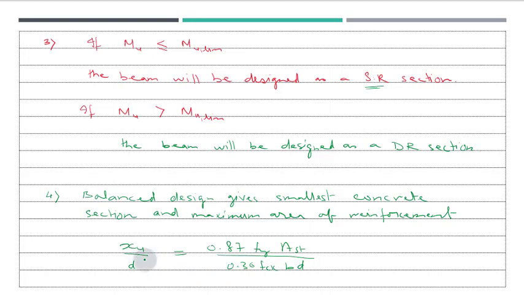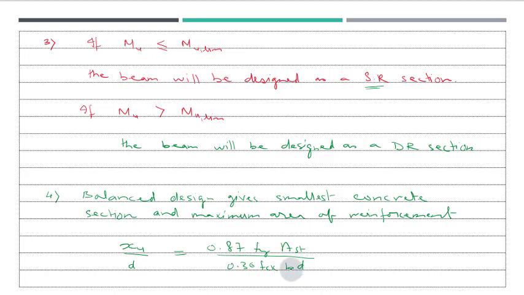When Xu by d is maximum, okay, so here you understand, if Xu by d is maximum, what do we have to do? If I am fixing this Xu by d, my b d is also fixed. For a particular b d, this Xu max by d is fixed, and then this Ast will correspond to what?